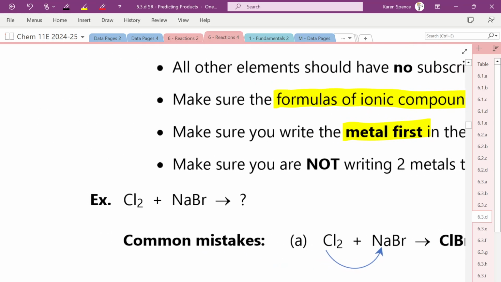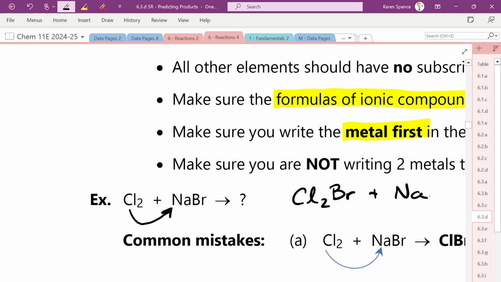So here's our practice equation. Here we have Cl2 plus NaBr. Let's start by having the Cl2 kick out the Na. So we would end up with Cl2Br plus Na. So many things wrong with that. What's the first thing that's wrong with that?